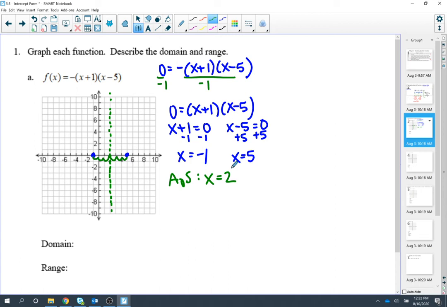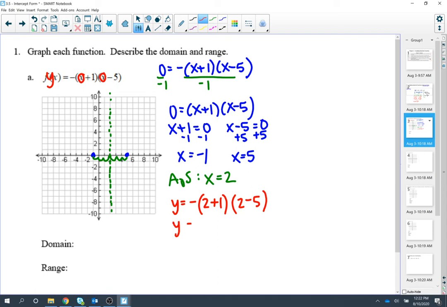Now, if I want to find where my vertex actually is, and I know x equals 2, this is where we're going to go back and substitute in. So y equals negative x plus 1 times x minus 5.